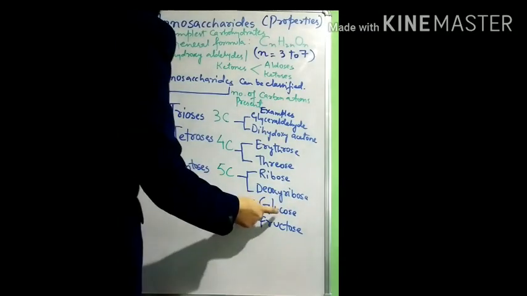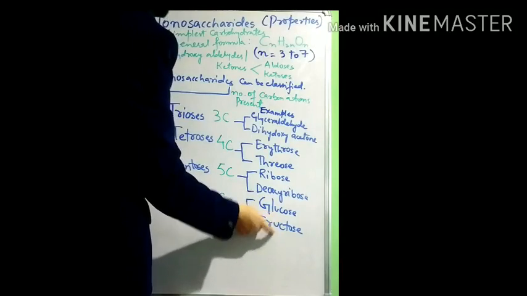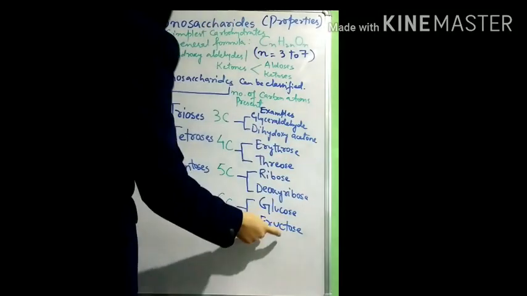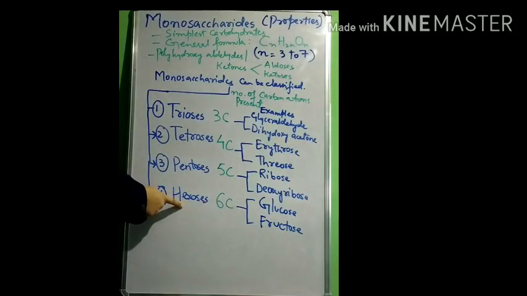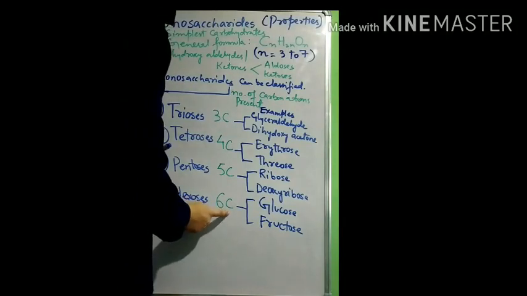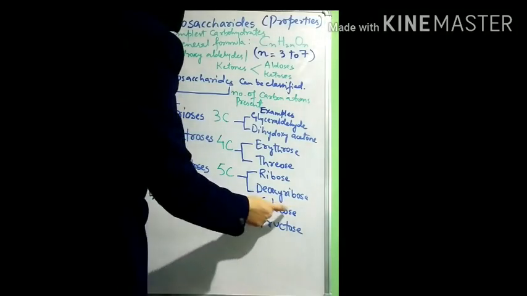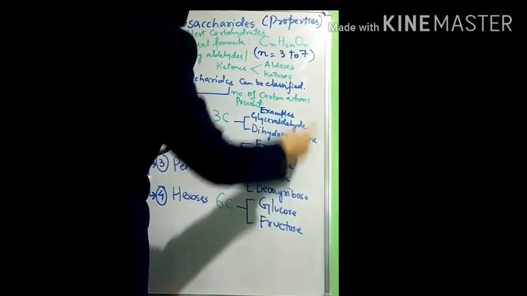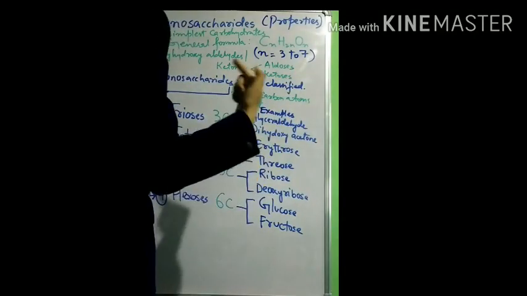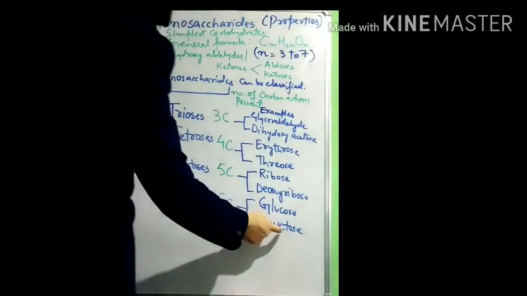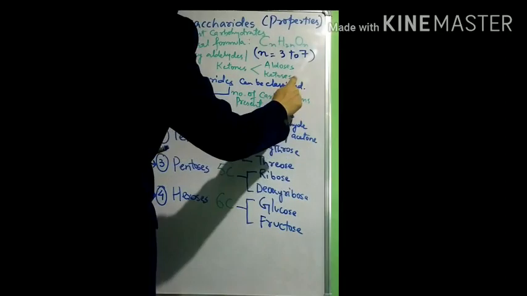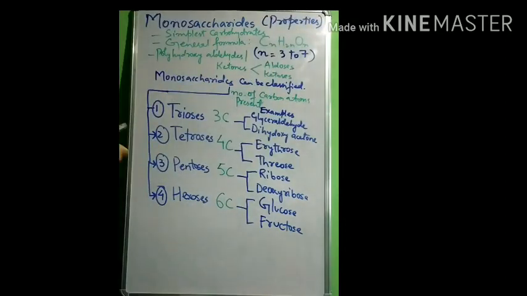Glucose and fructose are both monosaccharides of which type? Hexose, because they have 6 carbons. And why is glucose called an aldose? Because it has an aldehyde functional group. Why is fructose called a ketose? Because it has a ketonic functional group.